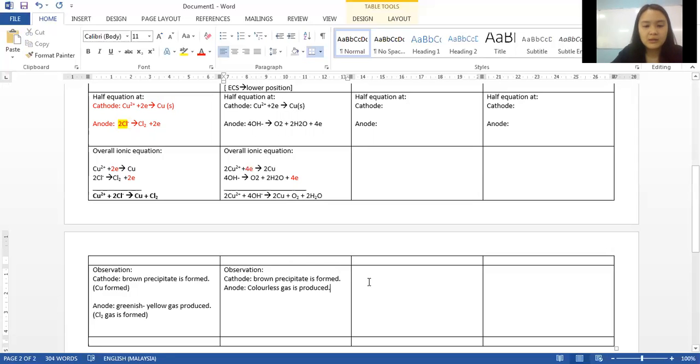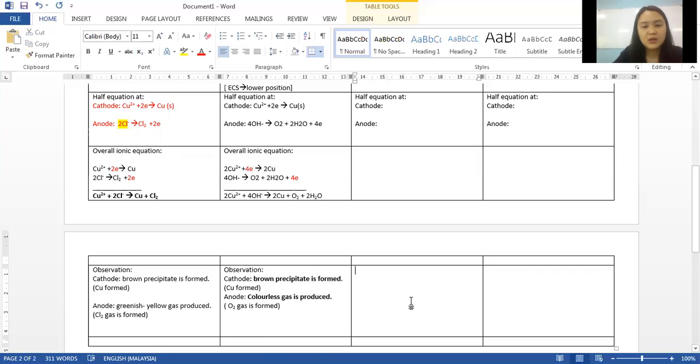Again, if we ask you why at cathode you see brown precipitate, your reason is because Cu2+ becomes Cu. And at anode, why do I see colorless gas? Because oxygen gas is formed. Remember, the one in brackets is the explanation. It is not the observation. Observation is as highlighted over here.